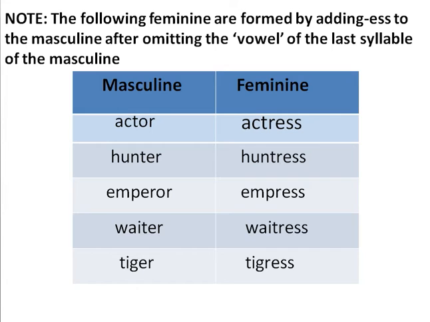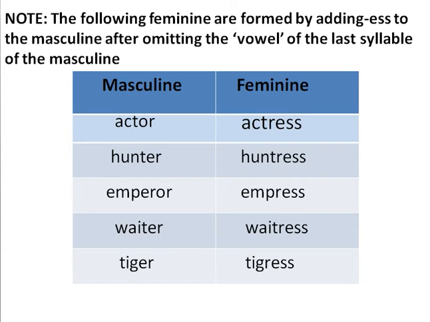For example, actor becomes actress. Now actor is masculine, but to make the feminine of this, we remove the letter O and write actress.